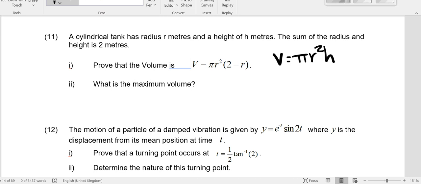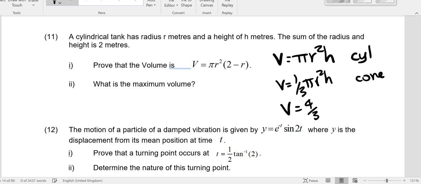So this is probably something you might have learned back at maybe National 5 level or even National 4 level, or possibly sometime in the past doing Craft 1, I think has volumes in it. If you've done that unit, the volume of a cylinder is pi r squared h. The ones we don't need here, volume of a cone is 1/3 pi r squared h, and volume of a sphere is 4/3 pi r cubed.